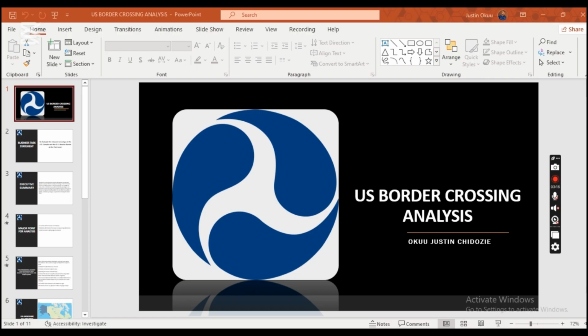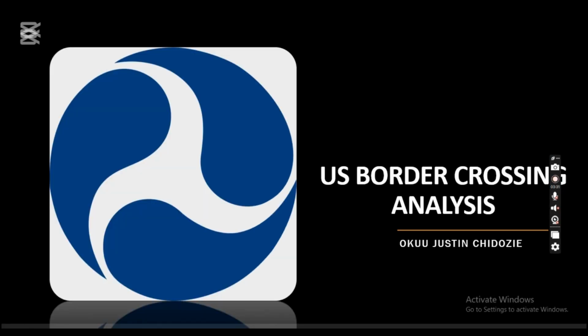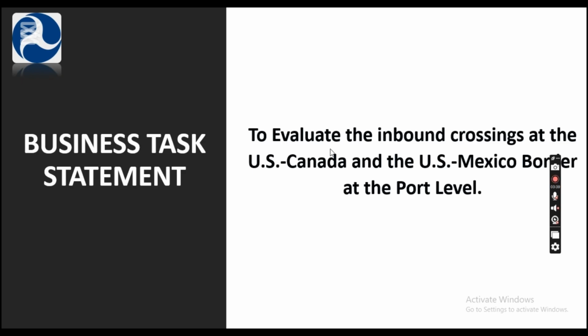Okay. So as a data analyst, the project we have today, just like I said earlier, is about the border crossing analysis for the US. Now in the US, they have two major crossings that people always take. But let's look at the business statement we are going to be working on.